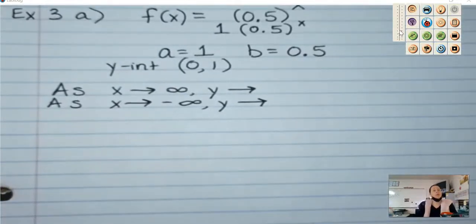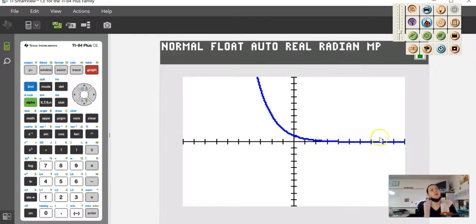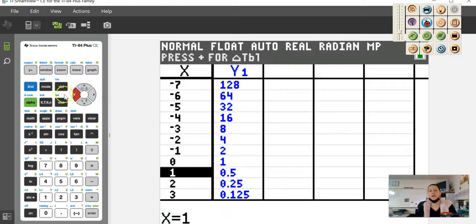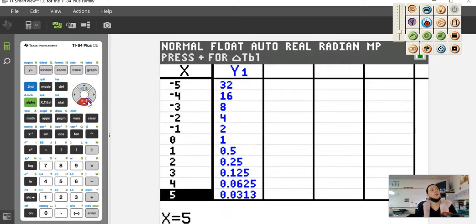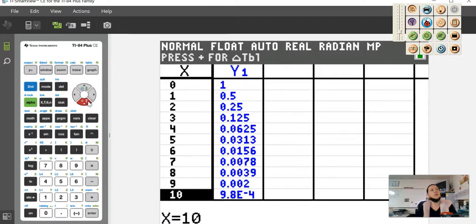As x approaches infinity, so as x gets bigger, I want to know what's going on with the y values. As I'm going to the right here, those y values are just getting closer and closer to 0. Or if you go into your table, as my x's are getting bigger, you'll see the y values, those blue numbers, are getting closer and closer to 0.